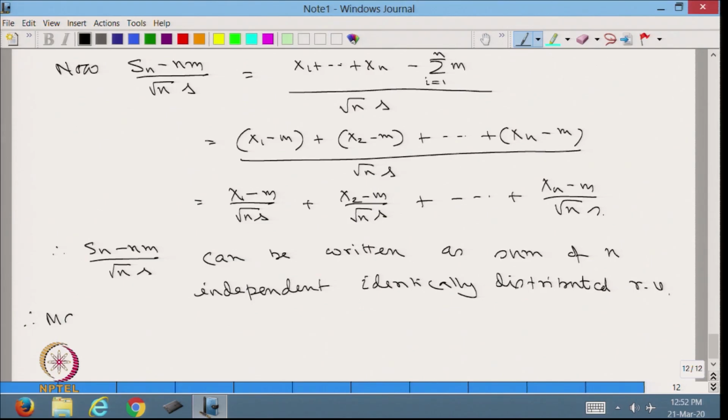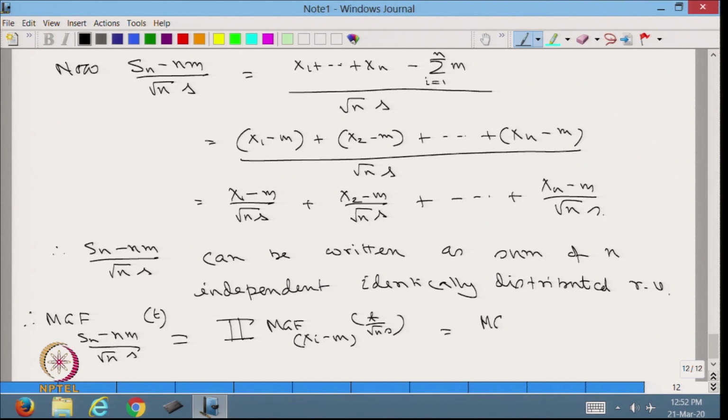Therefore, the moment generating function of Sn minus Nm upon root over n s is equal to the product of the MGF of xi minus m at t upon root n s. So, let me put that t here for your understanding, it is equal to the MGF of x minus m at t over root over n s whole to the power n.